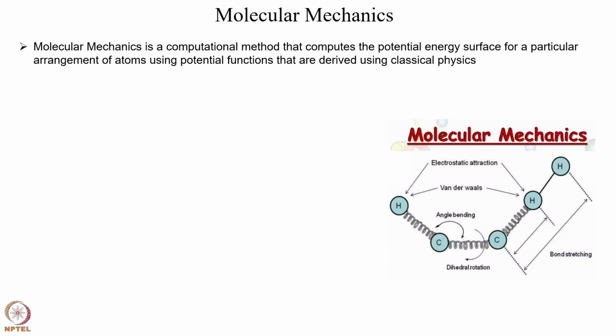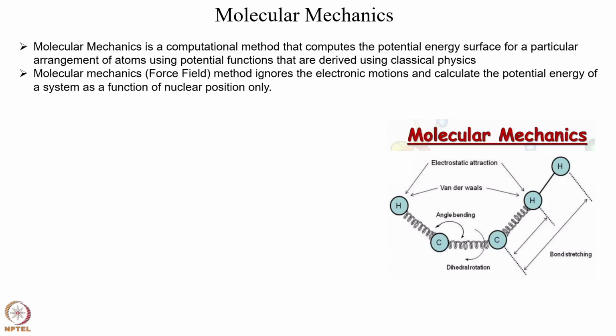So, these are completely classical, they follow the laws of classical mechanics, but they are often fitted to quantum mechanically calculated properties. We will come into details of what I mean by that.